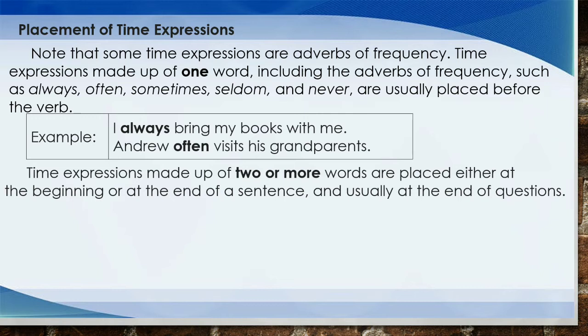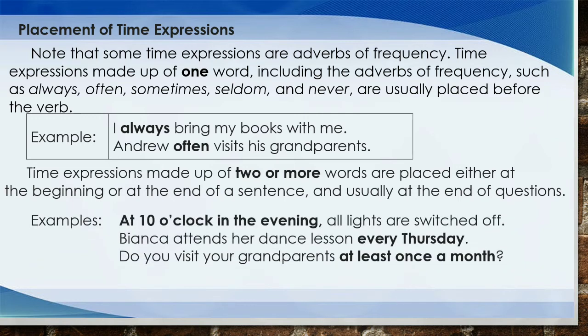So let us have the example. At 10 o'clock in the evening, all lights are switched off. So, if the time expression is made up of 2 or more words, it is placed at the beginning or at the end of a sentence.